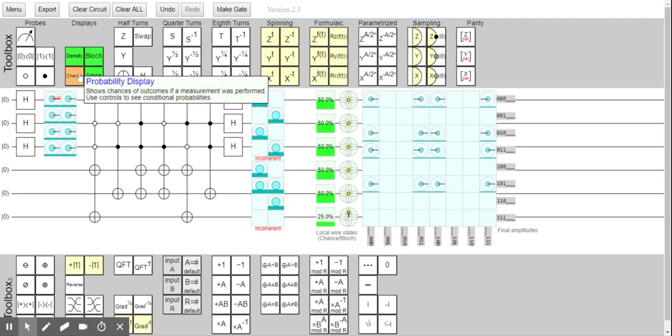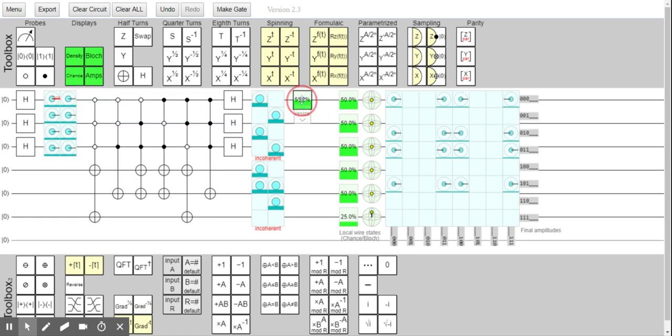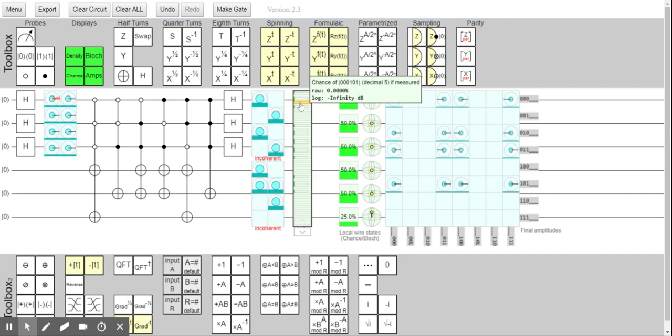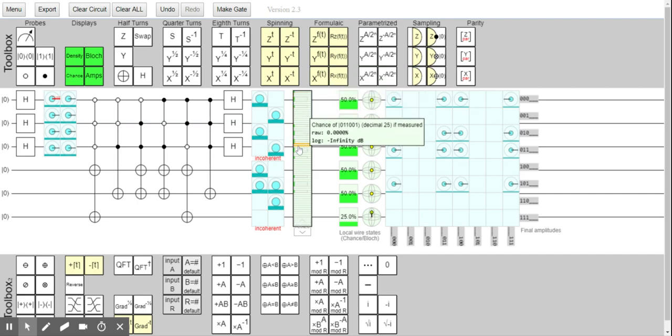So, can I see a chance display for the whole thing? So we've got these possible strings that would pop up. 0 on 1, 0 on 1, 0 on 1, 1 on 0.